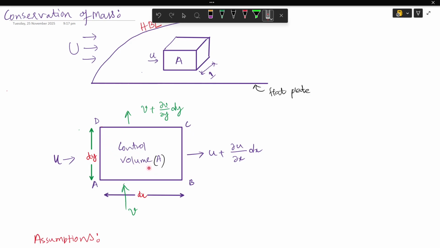Basically this depth is 1, so as the depth is 1, the volume will become A, right?